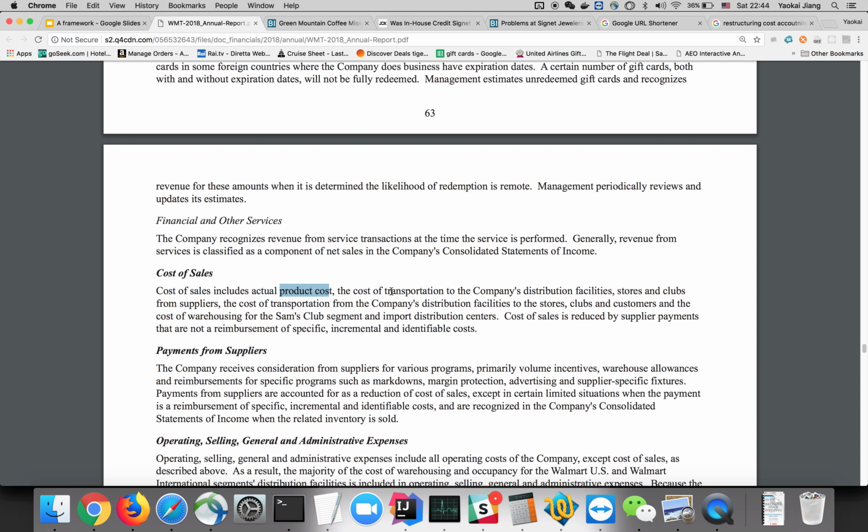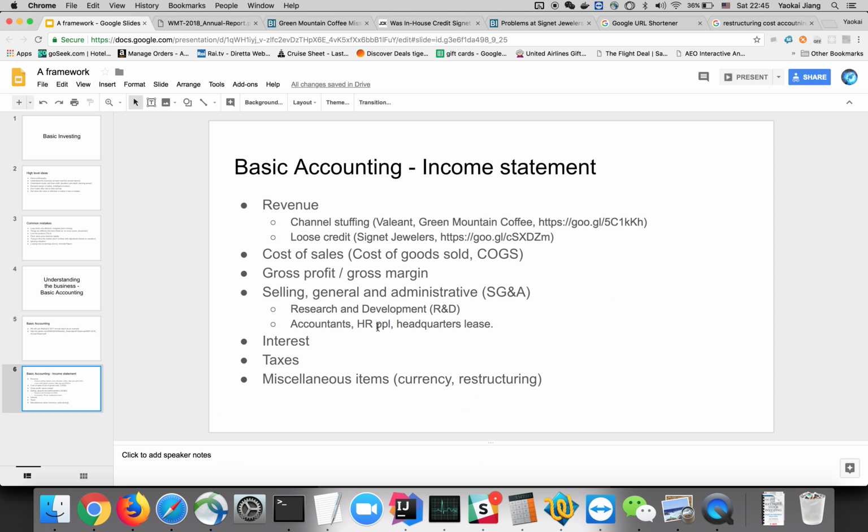But for example, in auto industry, cost of sales would include research and development for that car model. But for Tesla, they don't do it. But that is also allowed, it's just an industry convention, right? So there is really no governing body that says you have to do it that way.